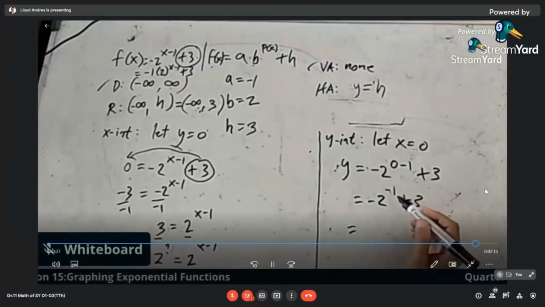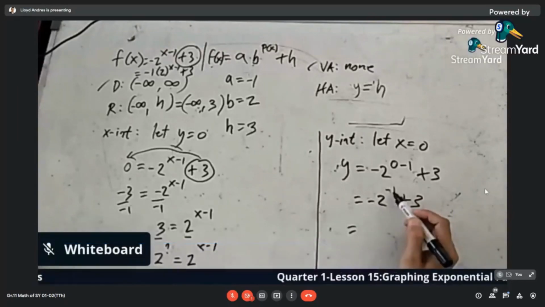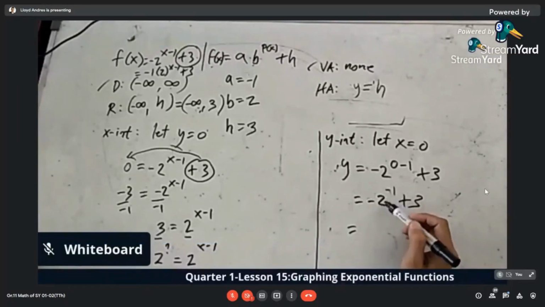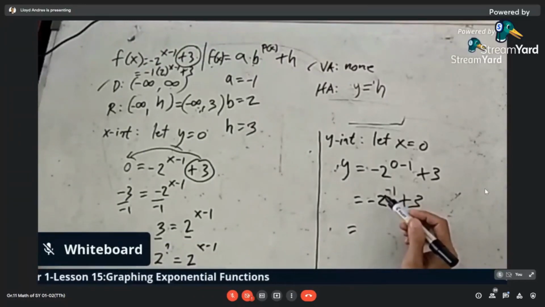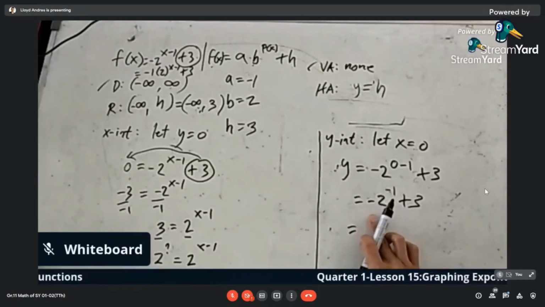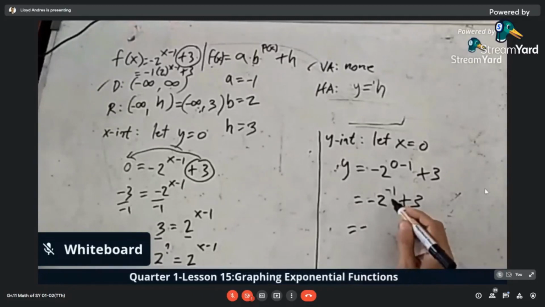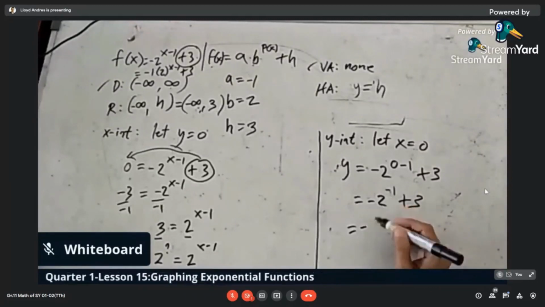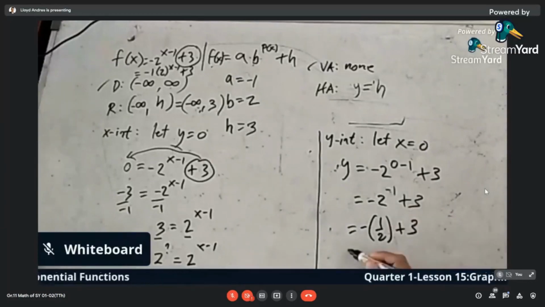So isolve kani unsa nimo pag-interpret ni negative 2 raised to negative 1. Unaha sa si exponent ha. Kaya again, order of operations. Una sa exponent before ka multiplication man si negative 1 dali. So negative 2 raised to 1 half, 2 raised to negative 1 is di ba reciprocal plus 3.